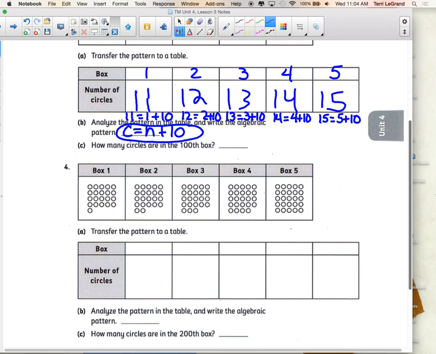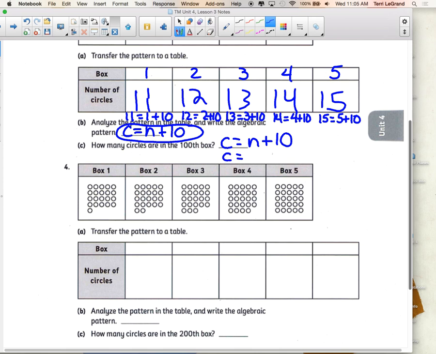Well, I certainly am happy that we have a way to take a shortcut this time. Why? What's our n value? 100. Do you want to draw 95 more boxes with all those circles? No. So what do we show for work now? C equals our algebraic pattern, n plus 10.